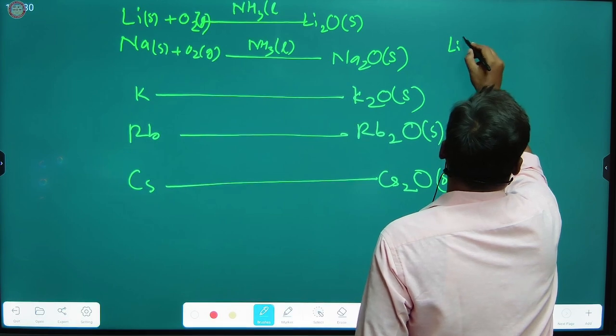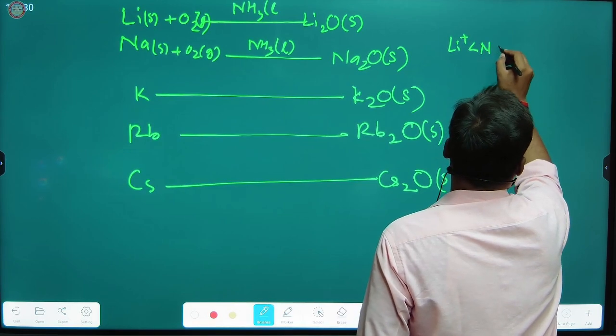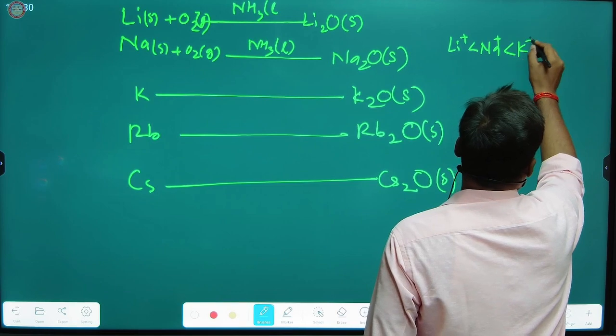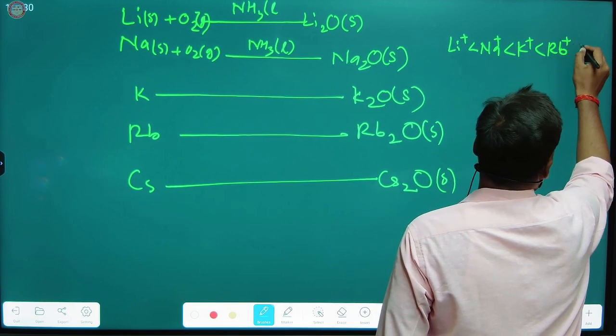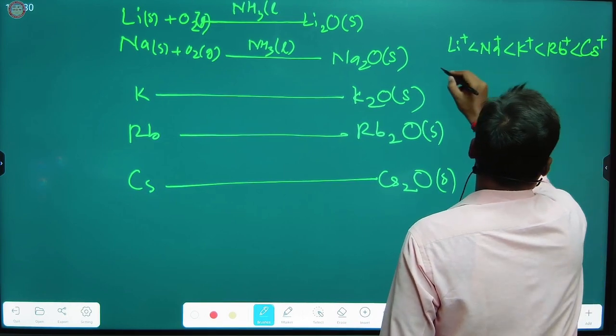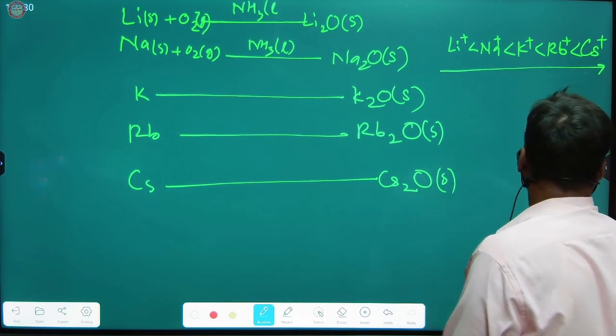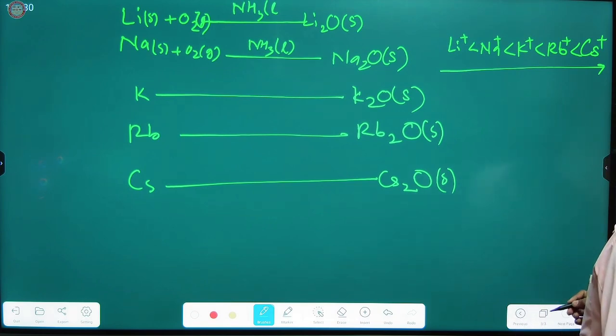Li plus is smaller than Na plus, and then K plus, and then Rb plus, and then Cs plus. Size increases from lithium to cesium, right?